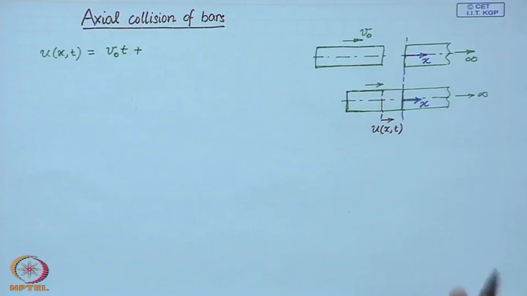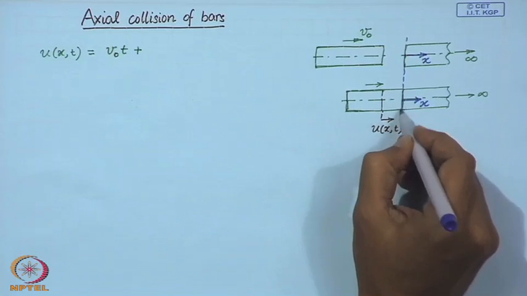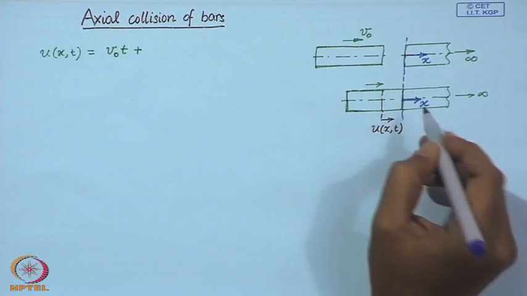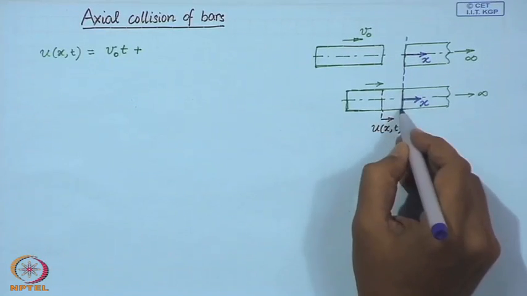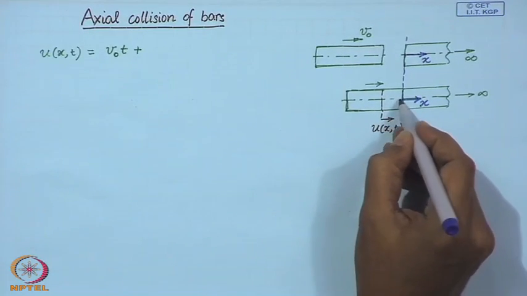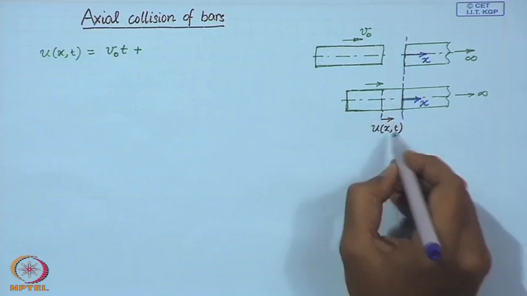As soon as this collides, this face of the finite bar feels this semi infinite bar, or this obstacle, and this information starts propagating in this bar.